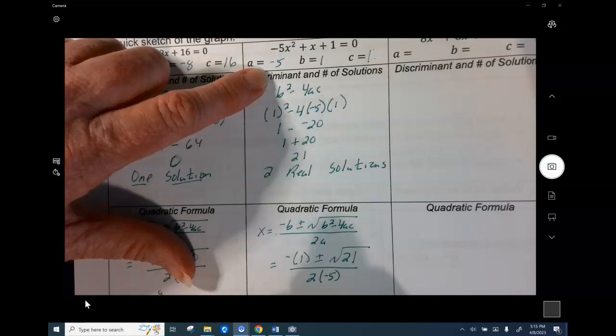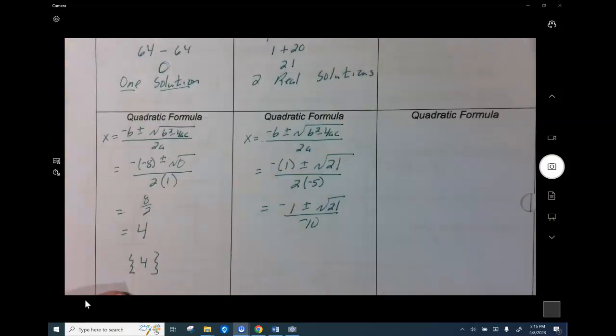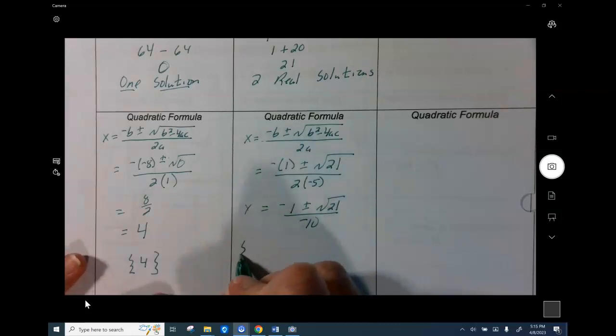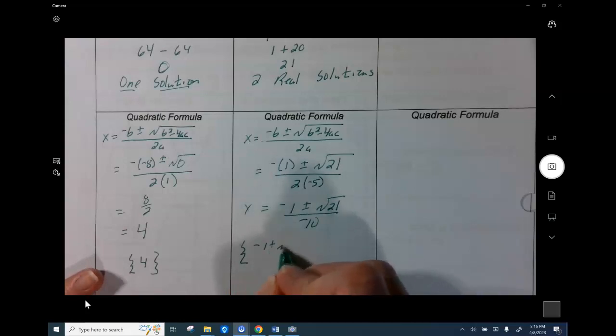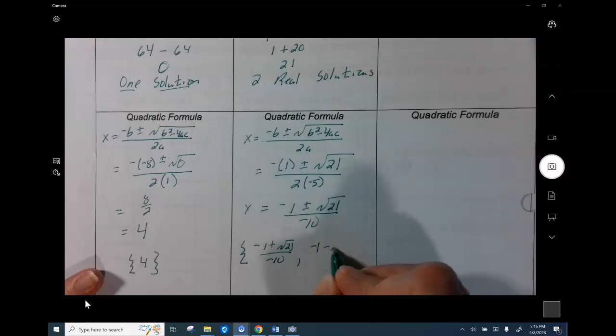So we get negative 1 plus or minus the square root of 21 all over negative 10. Now, are there any perfect squares in 21? Nope. So this is actually our solution, but we're going to write it out twice, just so that our brain gets it cemented in there. So this is negative 1 plus the square root of 21 all over negative 10, and negative 1 minus the square root of 21 all over negative 10.